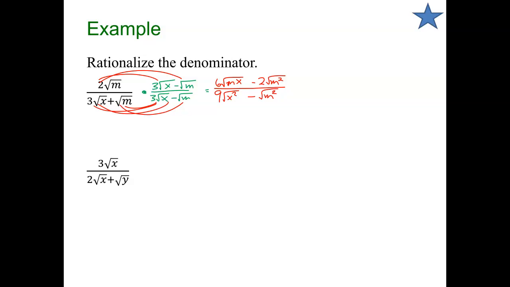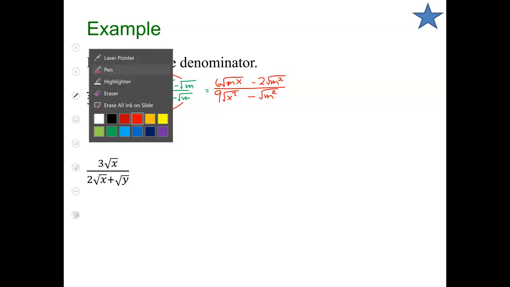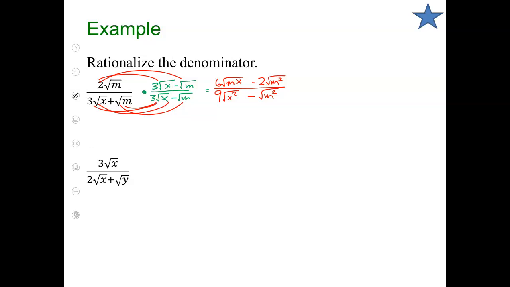Okay. Can I simplify anything in the numerator? Yeah, so I can't subtract them. Are there any radicals I can simplify? 6 and 9. Square root of m squared.